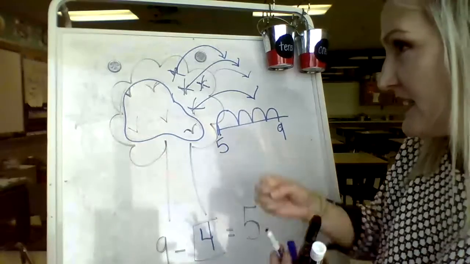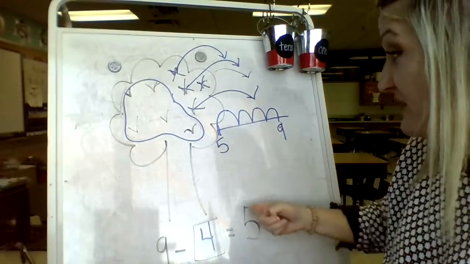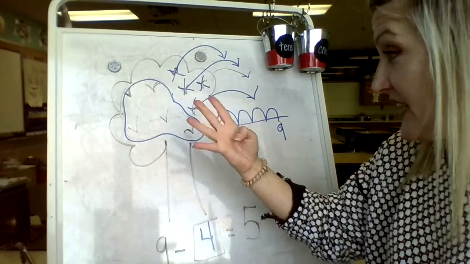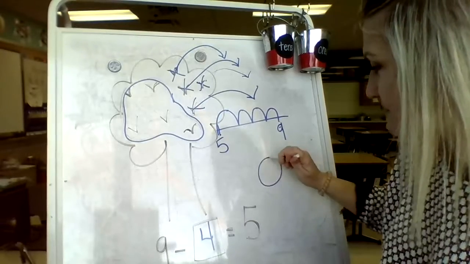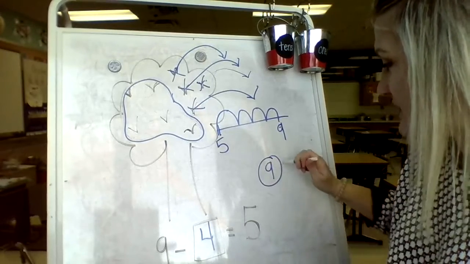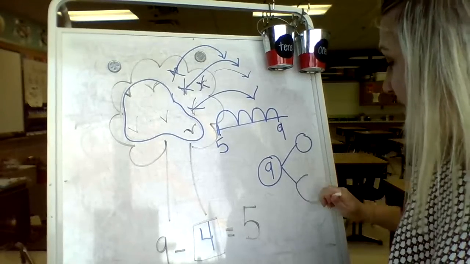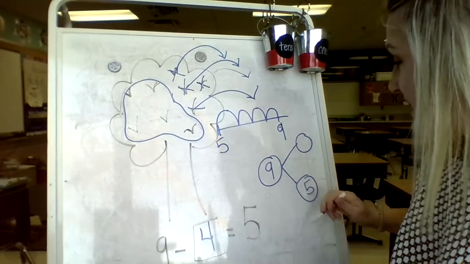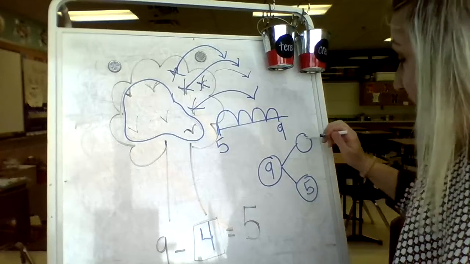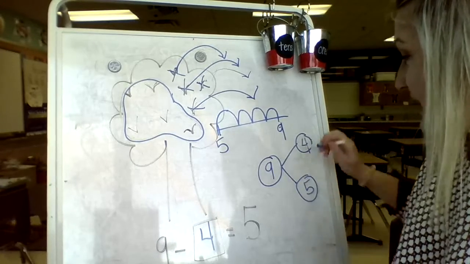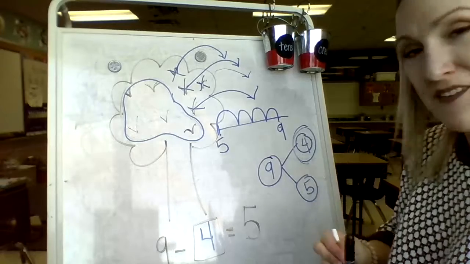Or I could have said 5, 6, 7, 8, 9. It's like a number bond. If there were 9 birds in the tree, some flew away, 5 stayed. 5 and 4 makes 9. So 4 birds flew away.